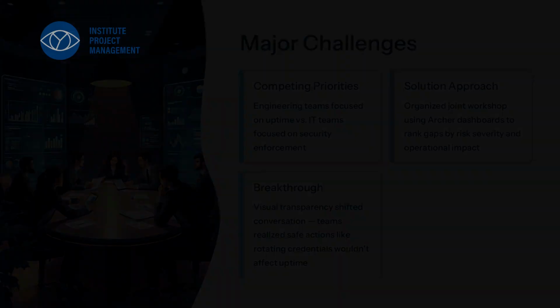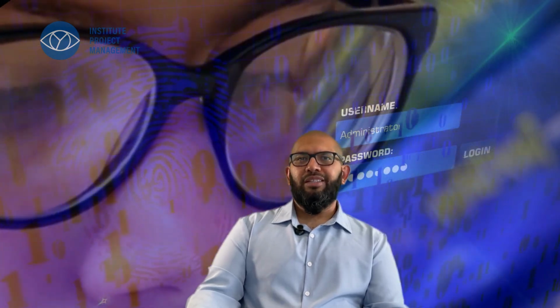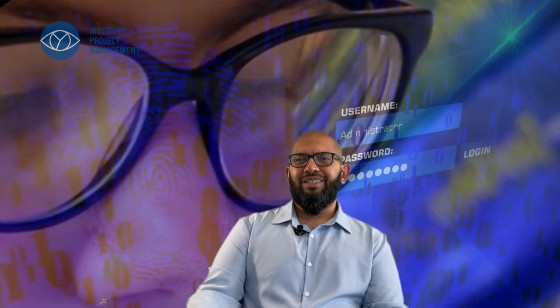So, what was the major challenge that I found in this project? Aligning priorities. Engineering teams were focusing on uptime, keeping systems running without interruptions. IT teams, on the other hand, were focusing on patching and security enforcement. And this is actually identical to my previous project.